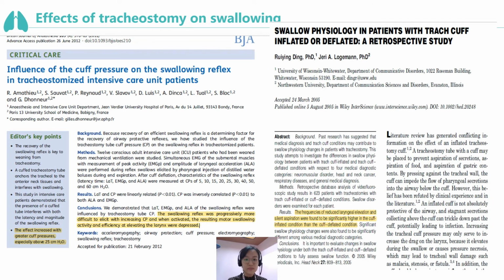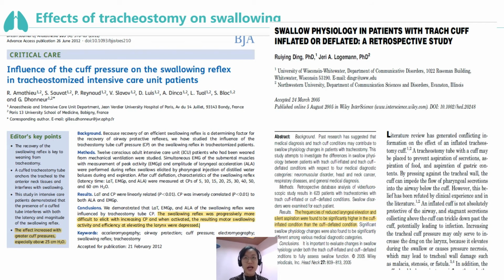Again, Ding wrote a journal on swallow physiology in patients with trach cuff inflated or deflated. The results show the frequency of reduced laryngeal elevation and silent aspiration were found to be significantly higher in the cuff inflated condition than the cuff deflated condition.